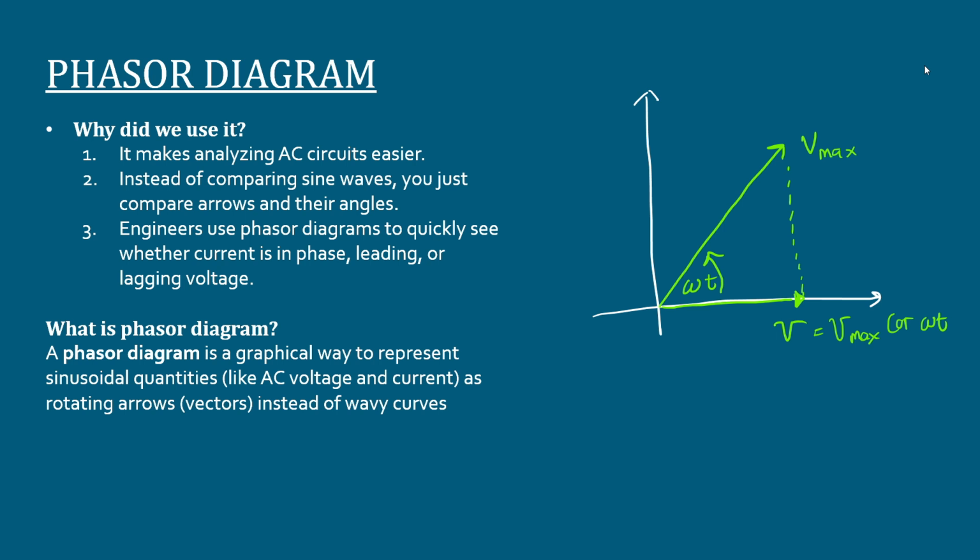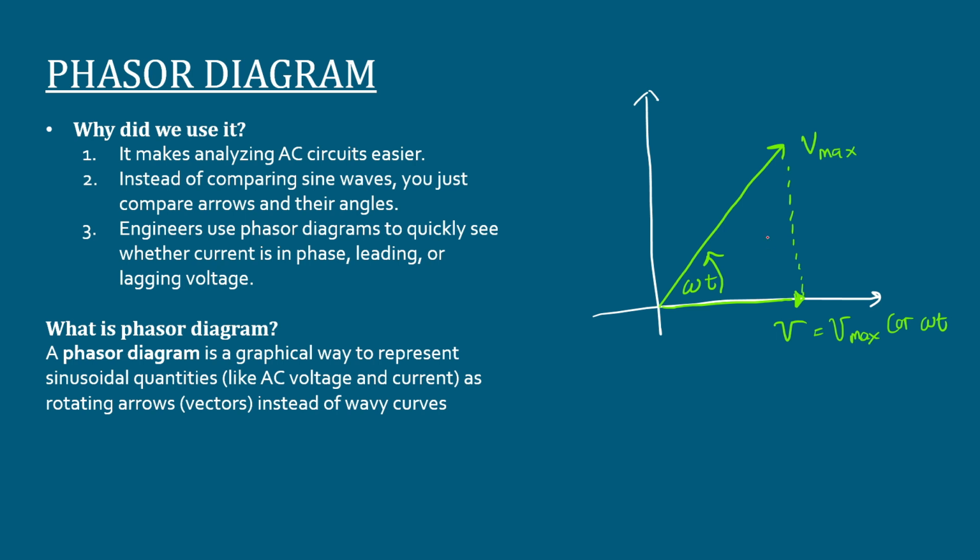Because we have to make analyzing AC circuits easier, as we know that AC circuits will result in a sinusoidal quantity, and so that's why we have to analyze each part of quantity in AC circuits, including current and voltages. Second, instead of comparing sine waves as a sinusoidal quantity, you can just compare arrows and their angles.